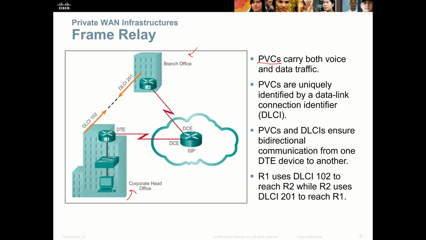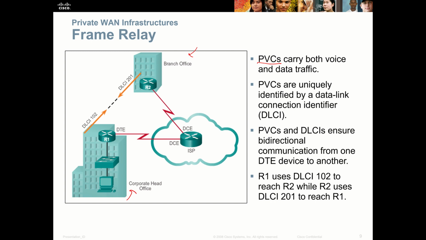So what is PVC? PVC means permanent virtual connection. Here the frame relay device creates this virtual circuit between the remote site and the corporate head office in this example.